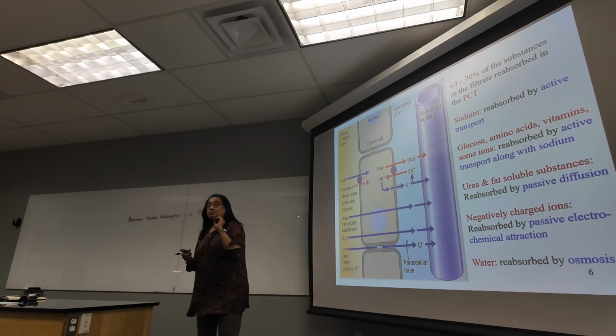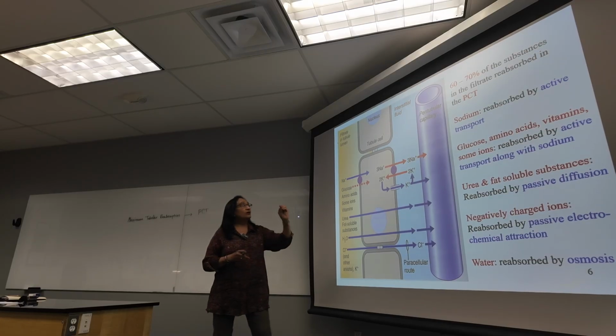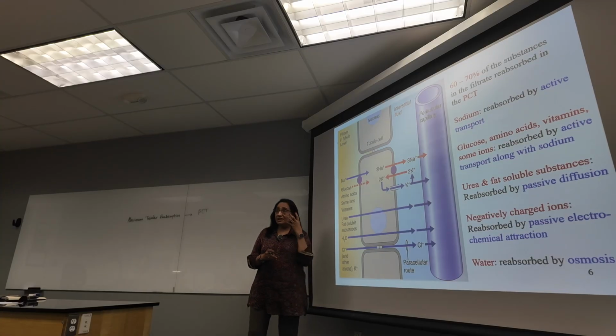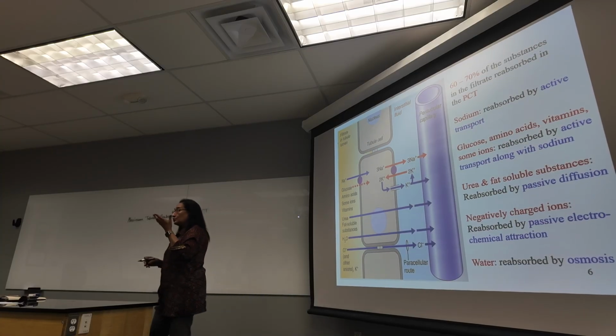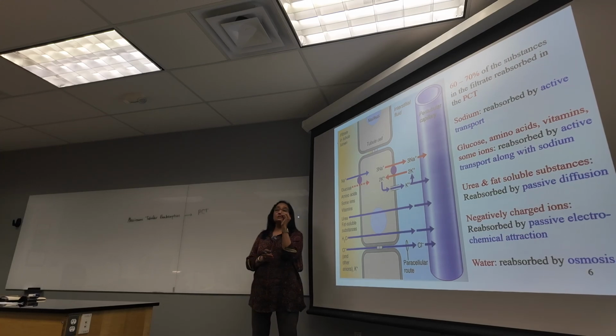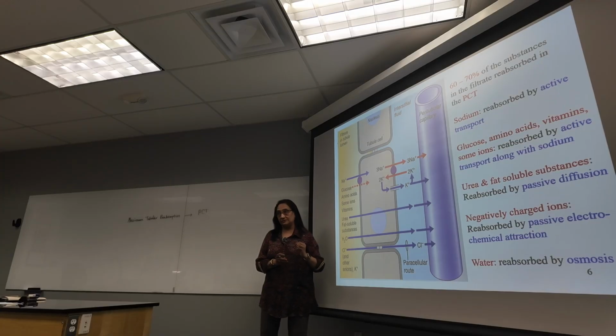Now there are transport proteins for each individual substance. So you have something called glucose transporters. Then for every amino acid, so we have about 20 amino acids, each amino acid has a specific transport protein. Vitamins have their own transport protein.